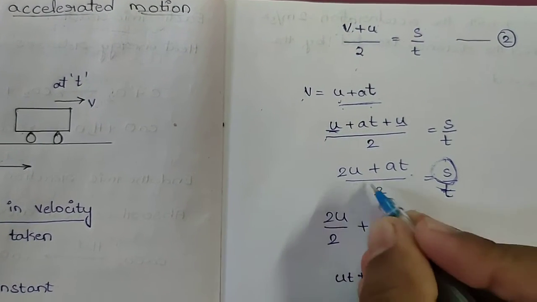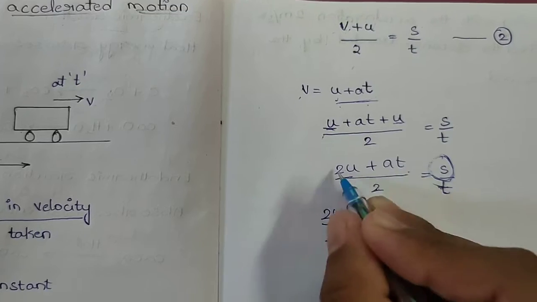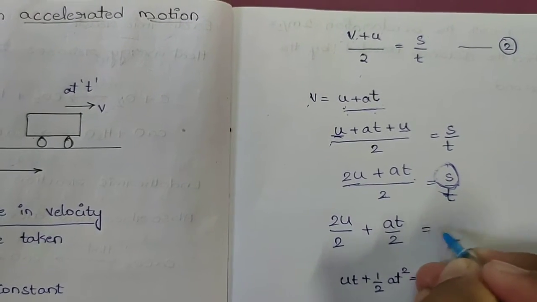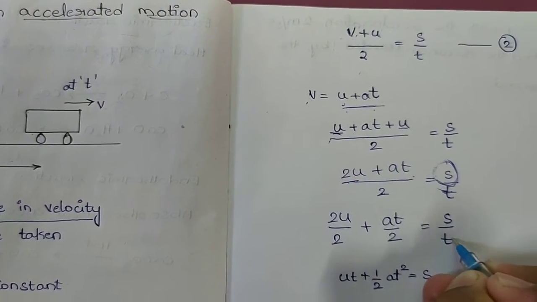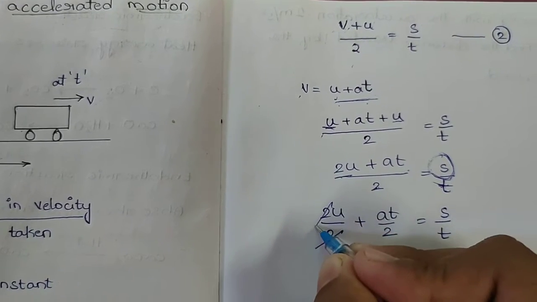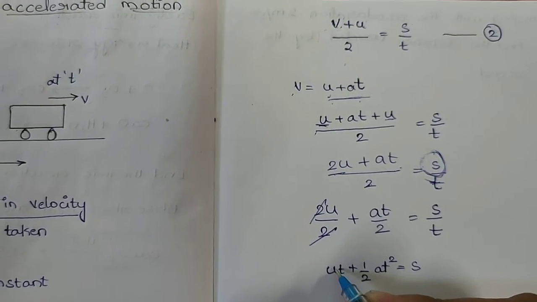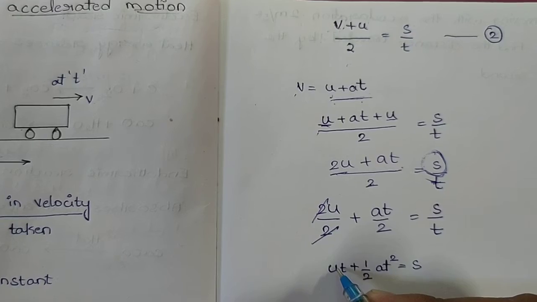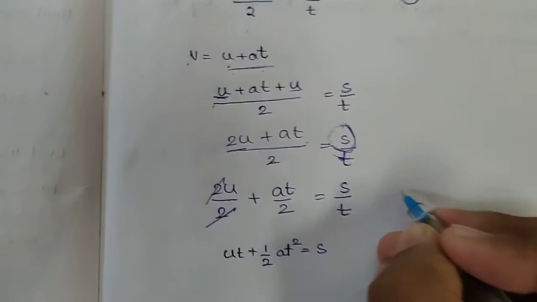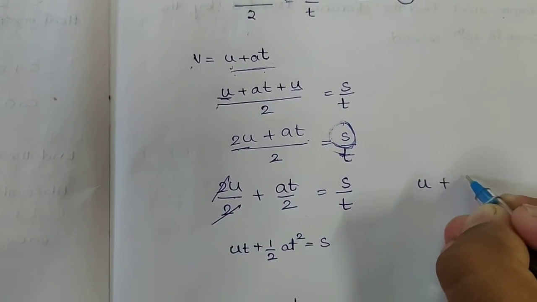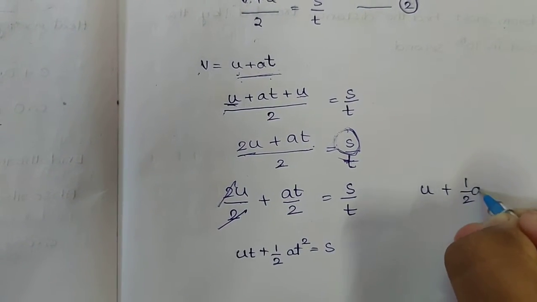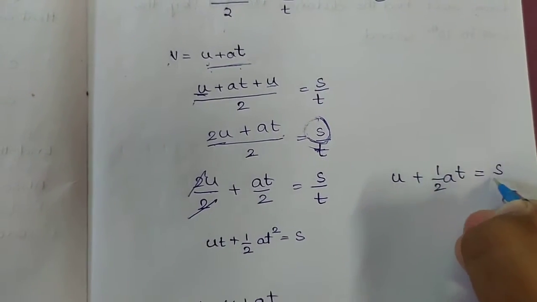Then these two get cancelled, and I'll remain with u plus half at is equal to s by t.